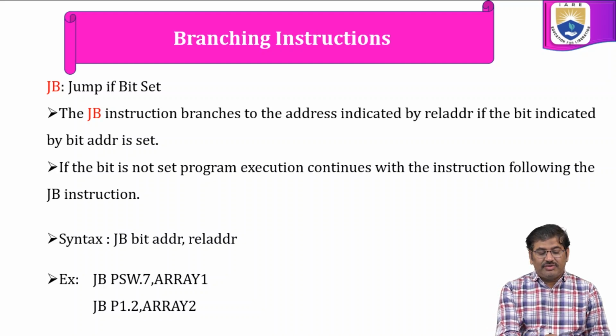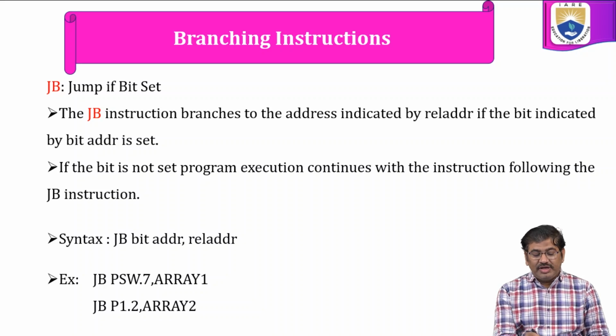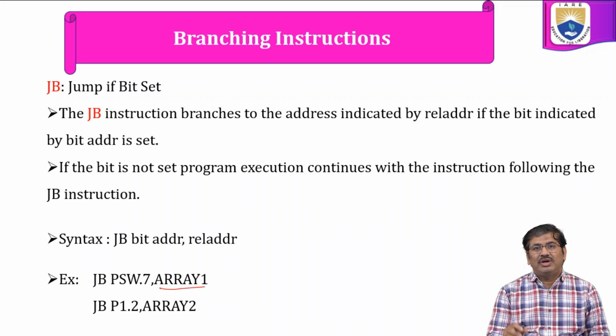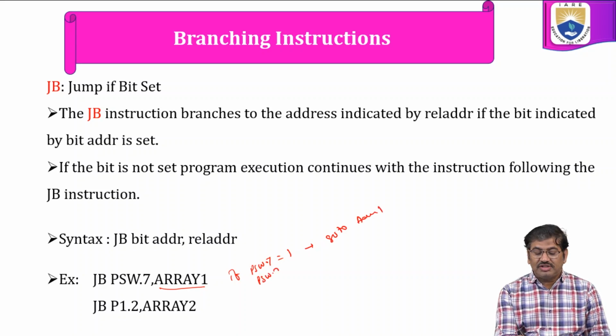Let us consider JB PSW.7, ARRAY1. ARRAY1 is the label for a location we are giving. If the program status word's 7th bit is equal to 1, then go to the label ARRAY1. If PSW.7 is equal to 0, then go to the next instruction following the JB instruction.